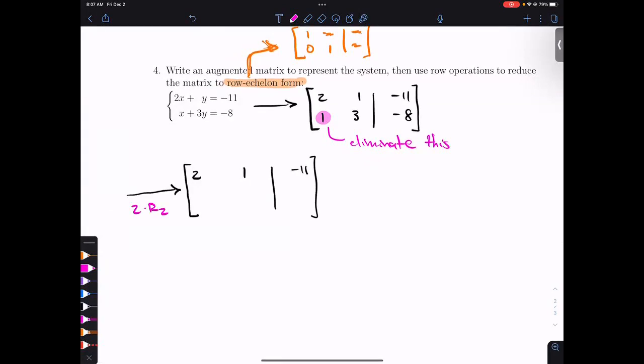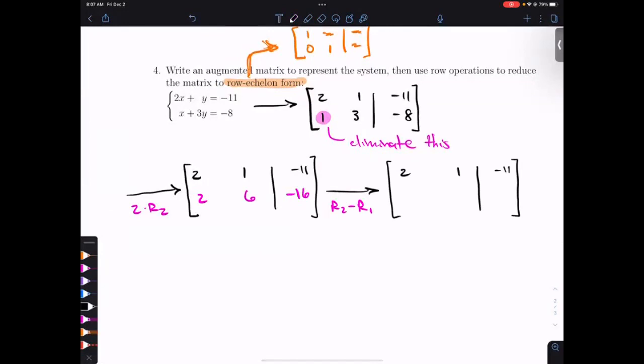So 2 times row 2, this would be 2, 6, -16. And then row 2 minus row 1. So row 2 minus row 1, 2 minus 2 is 0.